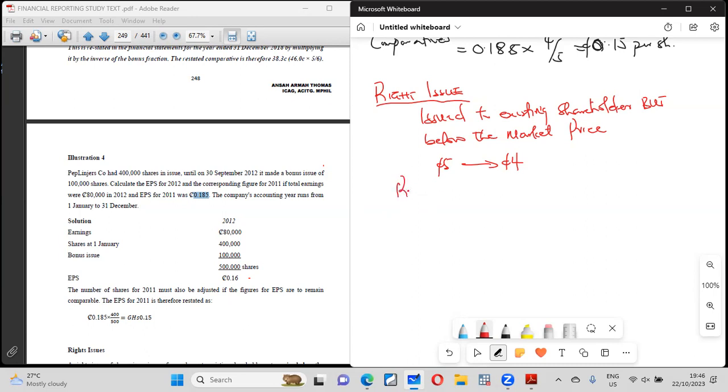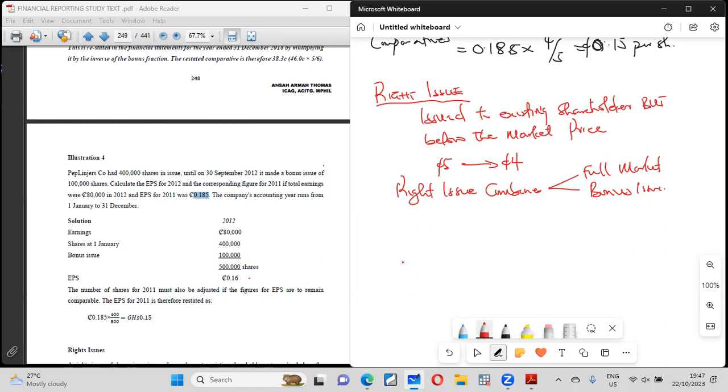Therefore, a right issue combines the full market and bonus issue. So it has that characteristic. So what does that mean? We said that in full market, we bring in the proration of the months, right? In bonus, we do the bonus fraction. So we are going to combine these two. Now, the same steps you go through.